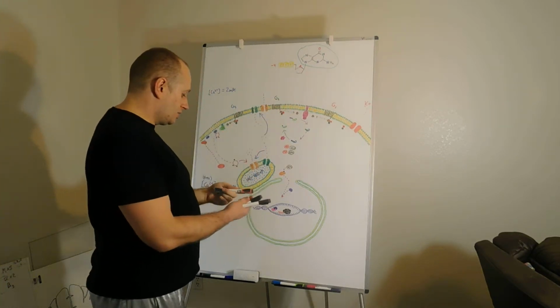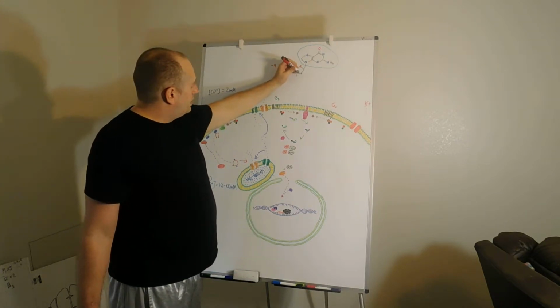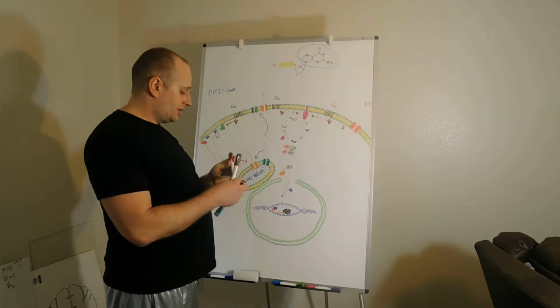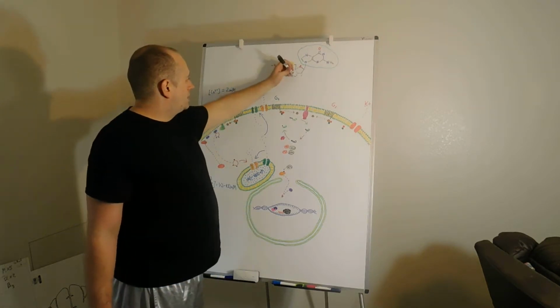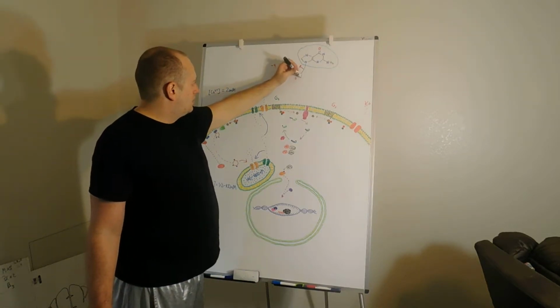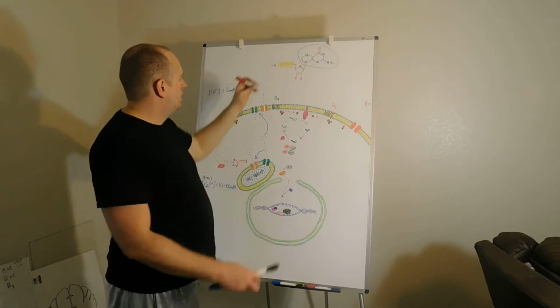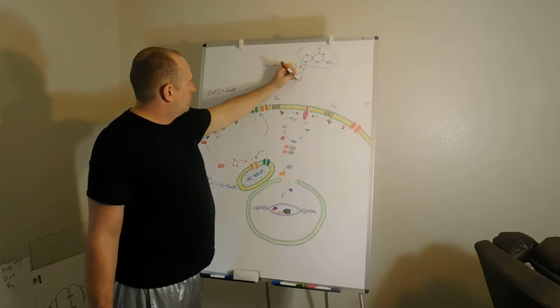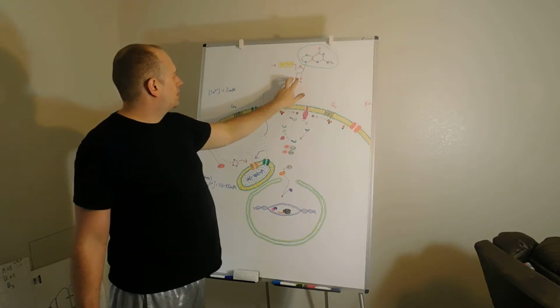Oh, I didn't actually draw, my bad. I didn't draw the other parts. This is actually a ribose backbone, which means it has an OH connected to each carbon, pretty much. OH, OH. So this part's polar in the molecule.